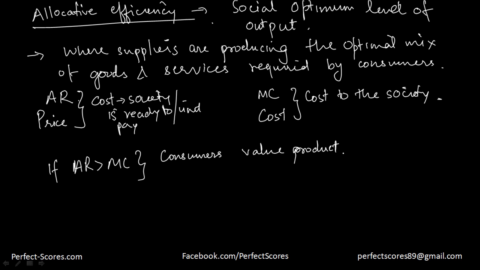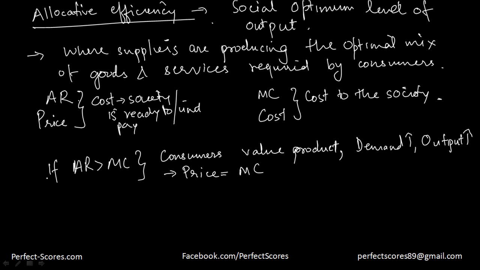Then the demand for that product is going to increase, so the output will increase, and the price will decrease until the price is back equal to the marginal cost.